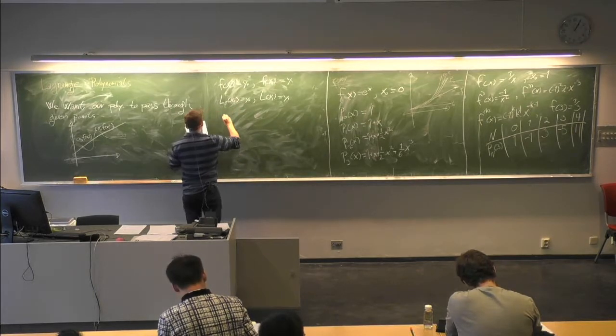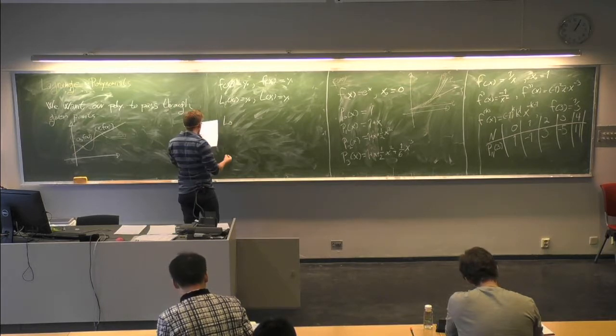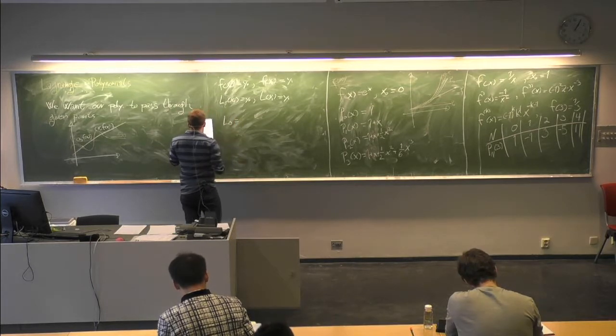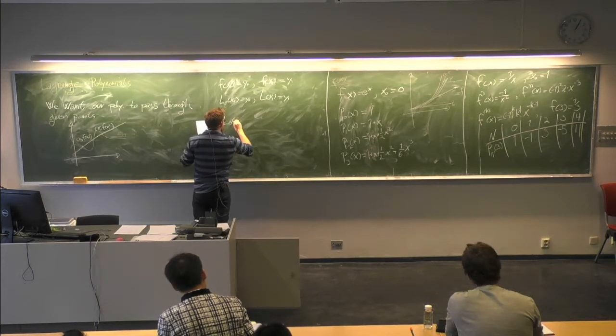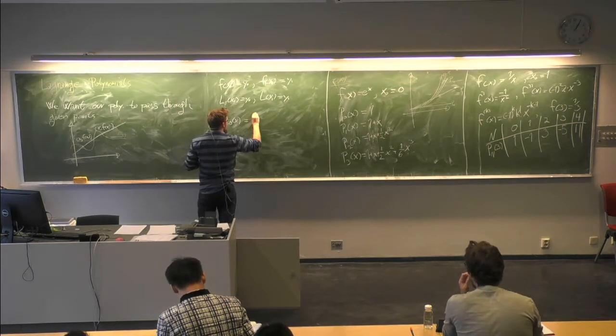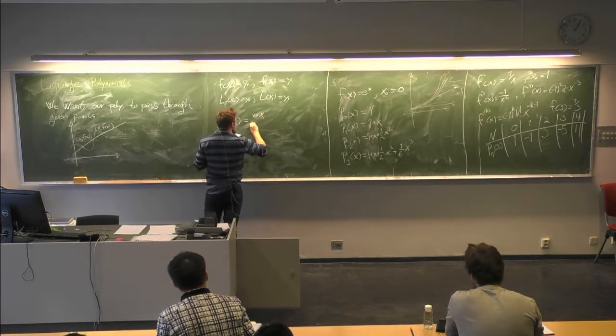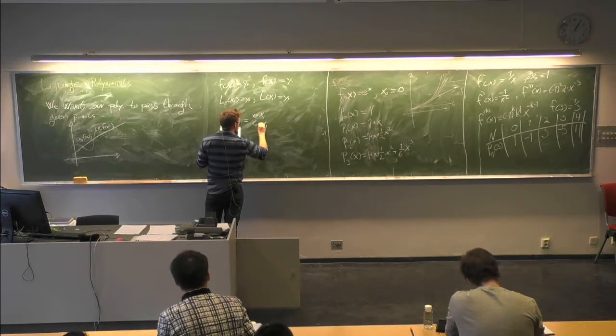So we can define L0, the first term, as x minus x1 over x0 minus x1.